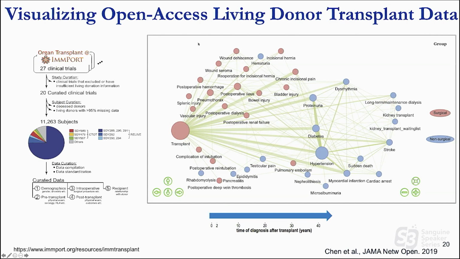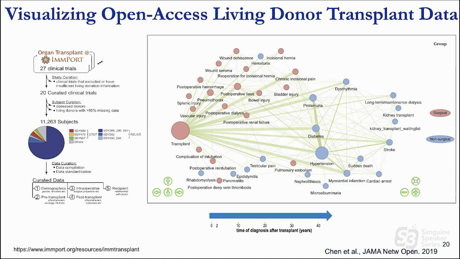In the first 2 years, you mostly see a lot of surgical complications. As the years go by, we saw that living donors come up with other secondary complications, which are mostly non-surgical, and some of them are going back to the waiting list. That is unfortunate, but we are just reporting the data that was submitted and what was reported.